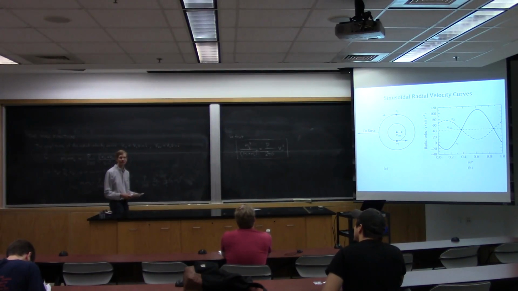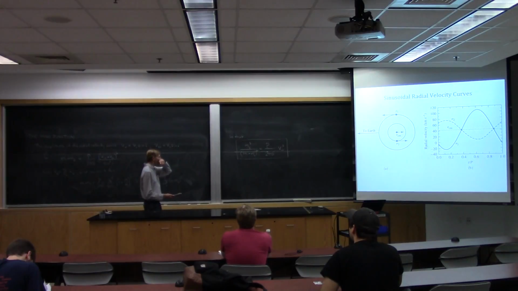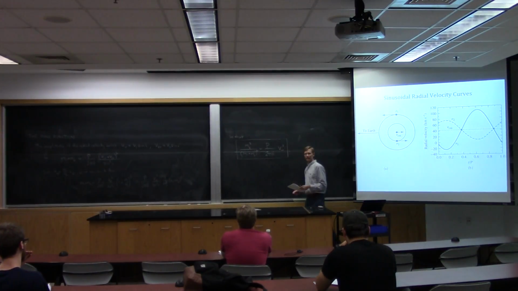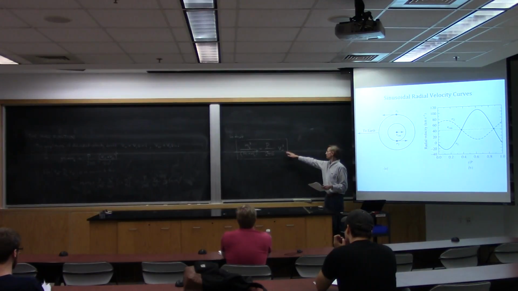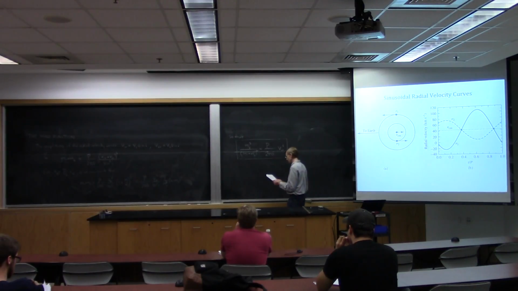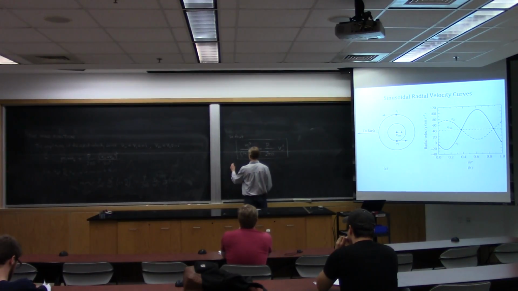You don't even have to see the second star to figure out the right-hand side. You just need the amplitude of the radial velocity curve for one star, and the orbital period comes from how long it takes for one cycle of the curve. And you know what G is, and 2, and pi, so we're good to go on the right-hand side from observation of one star.